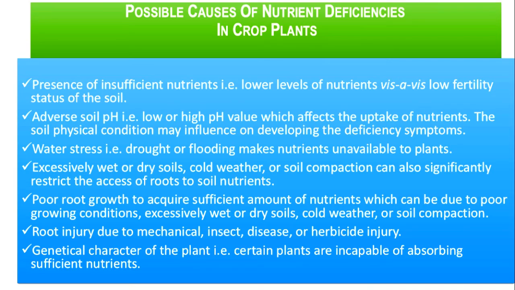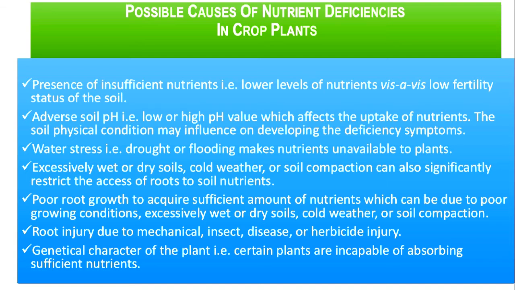So what are the possible causes of nutrient deficiencies in crop plants? The causes might be the presence of insufficient nutrients, that is lower levels of nutrients, low fertility status of the soil, adverse soil pH, that is low or high pH value, which affects the uptake of nutrients. The physical condition may influence developing the deficiency symptoms.